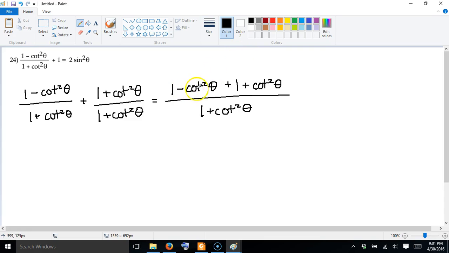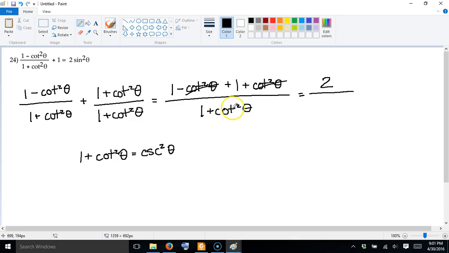Okay, looky here, we have a negative cotangent squared theta and a positive one. That just becomes 0. We have a 1 plus a 1, which is 2. And then this 1 plus cotangent squared theta, if we use our Pythagorean identity, 1 plus cotangent squared theta is equal to cosecant squared theta.